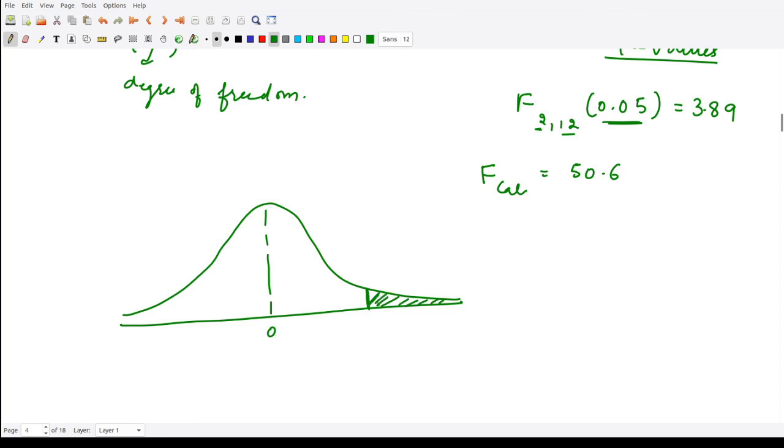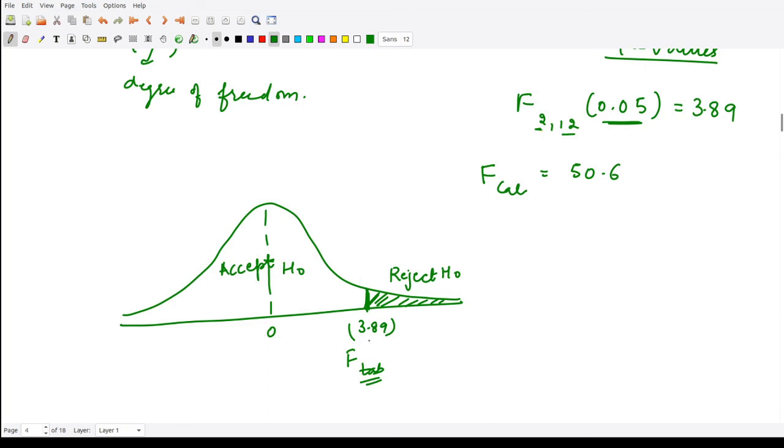If your value lies in this critical region, we will reject our null hypothesis, and if your value lies in the region except the critical region, we will accept our null hypothesis. So in this case, this value according to the table is 3.89. This is the F tabulated value at 2, 12 degrees of freedom at 5% level of significance.